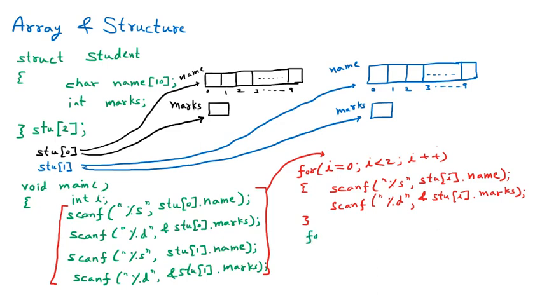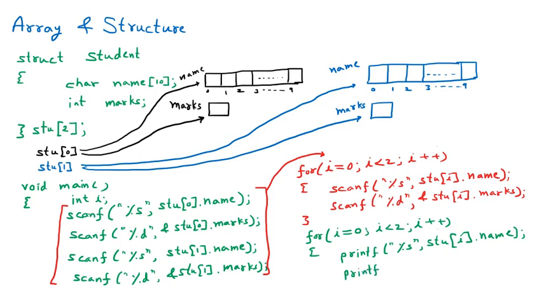So we will write for I equal to 0, I less than 2, I plus plus, and then we will write printf %s, and now for the printing also we are using stu I dot name, and then we will write printf %d for the integer value, stu I dot marks, and we are closing the void main.